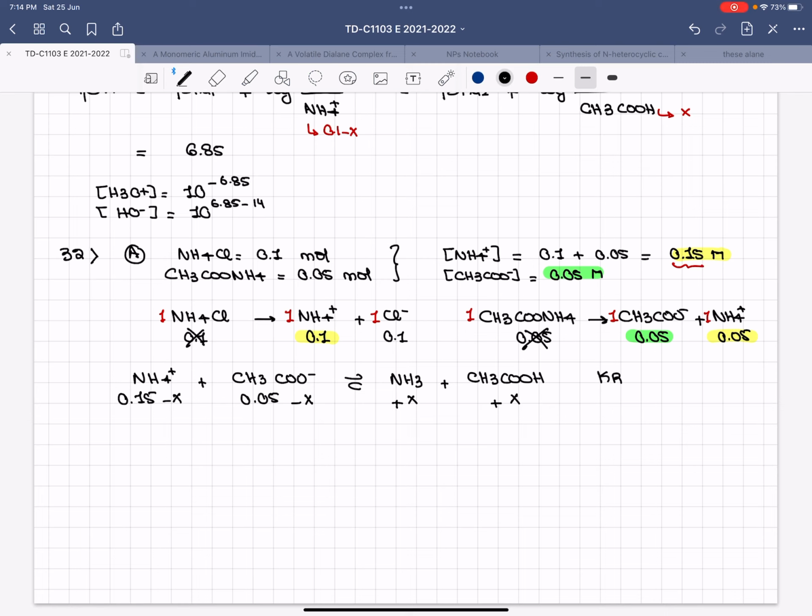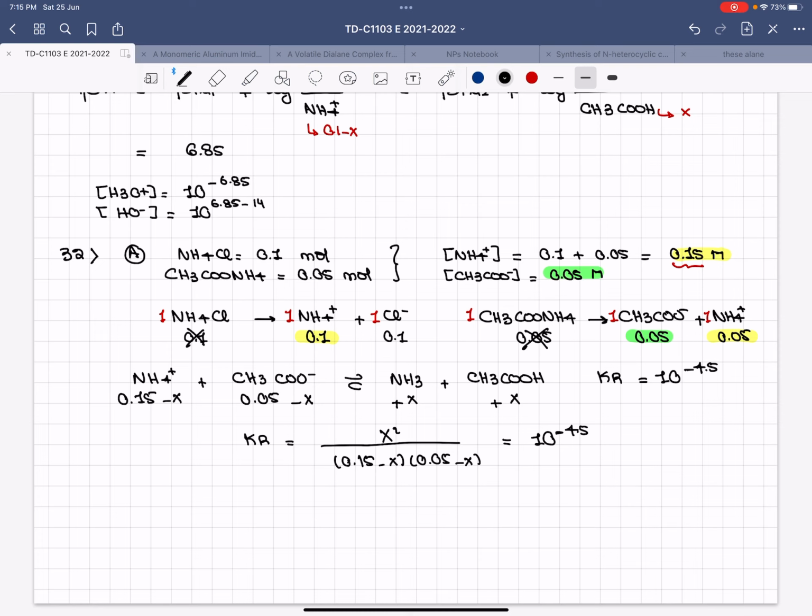We already found Kr in the previous part, which is 10 to the negative 4.5. The previous part is a part that was given by me, it's not in the book. So now Kr is equal to x squared divided by 0.15 minus x times 0.05 minus x, which is equal to 10 to the negative 4.5.